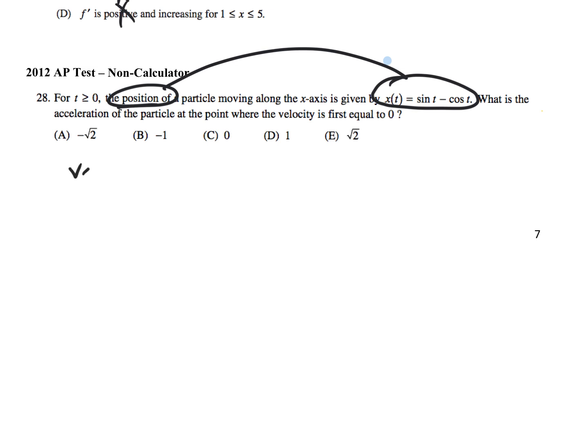If they gave us position, our velocity is going to be the derivative of it. Can we go take the derivative of sine minus cosine? Derivative of sine? Cosine, I heard it, very good. The derivative of negative cosine? Positive sine, very good. And then I'm going to just put acceleration right next to it.